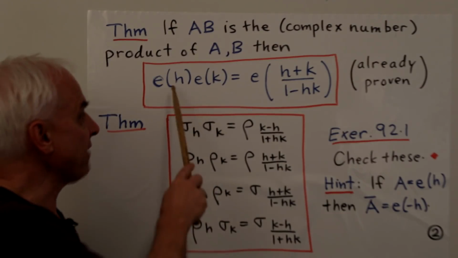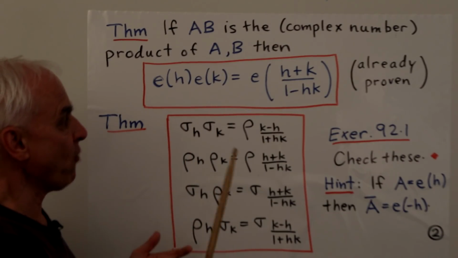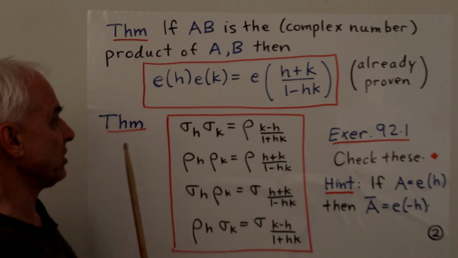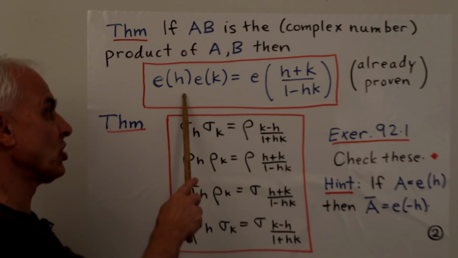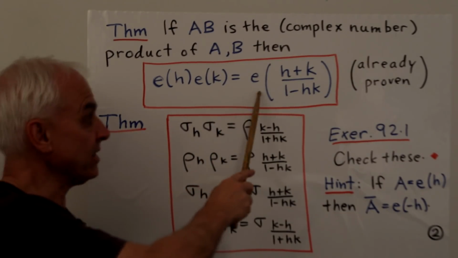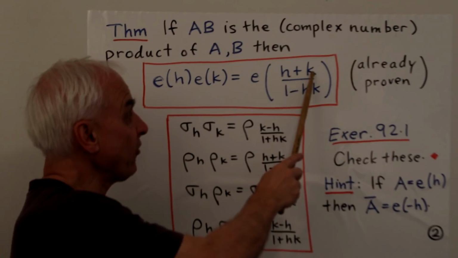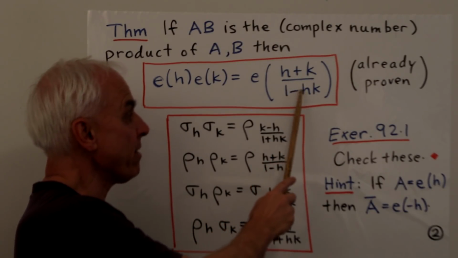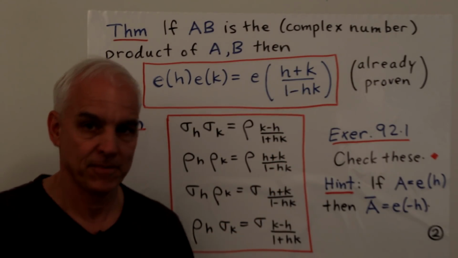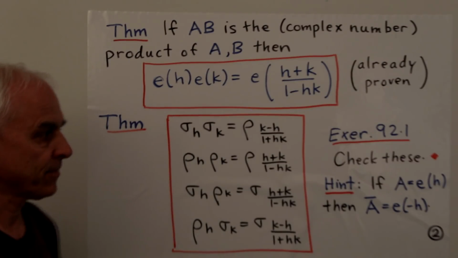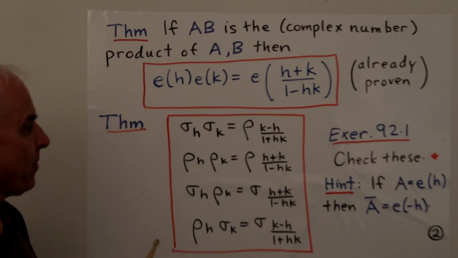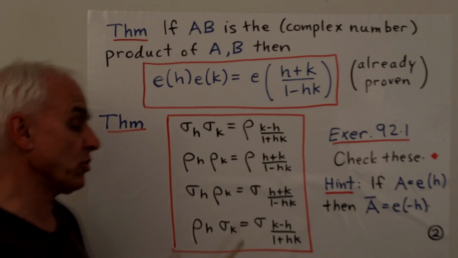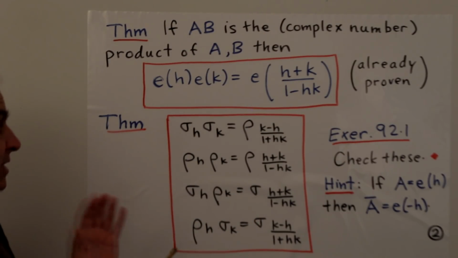And in terms of the half slopes, here is the formula that expresses the multiplication, that E of h times E of k is E of h plus k over 1 minus hk. Great, so now we can rewrite the formulas for the multiplication or composition of grounded isometries.